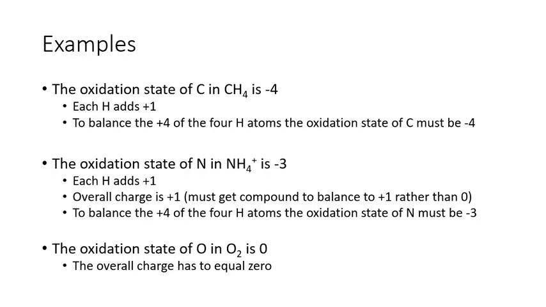But because the overall charge of the compound is +1, you have to get the charge of nitrogen to balance out with the hydrogen ions to be +1 rather than 0. So to balance out the +4 of the hydrogen ions, but keep that +1 charge, the oxidation state of nitrogen must be -3. Finally, the oxidation state of oxygen in molecular oxygen, O2, is 0. That's because the overall charge of that compound is 0.